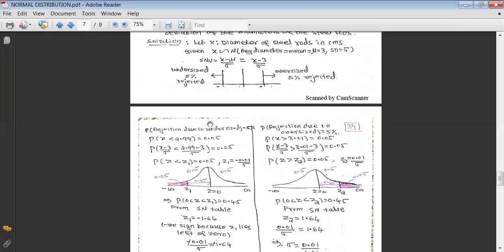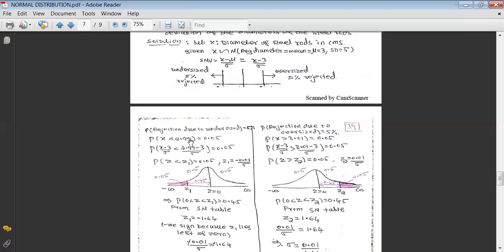Whenever the diameter is less than 2.99, then we say that it is going to be rejected due to undersize. That is the criteria for rejection due to undersize.